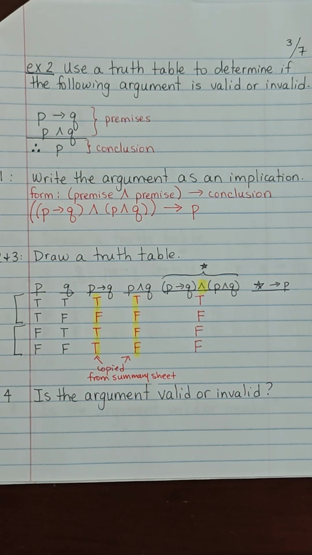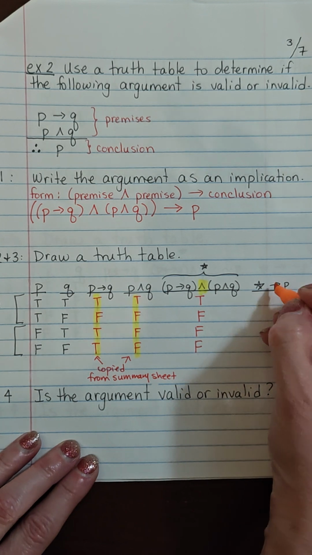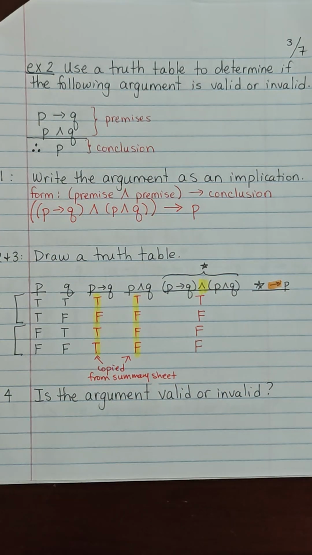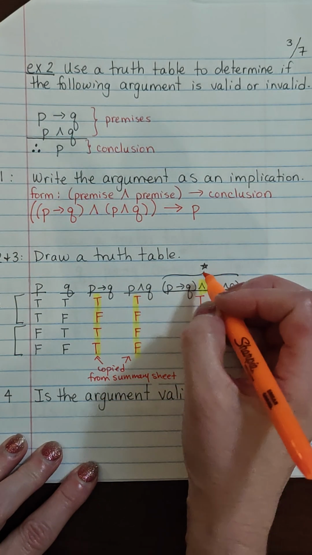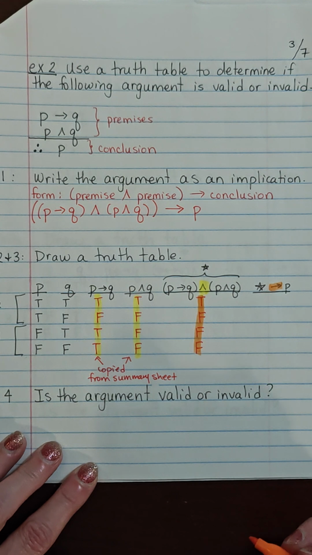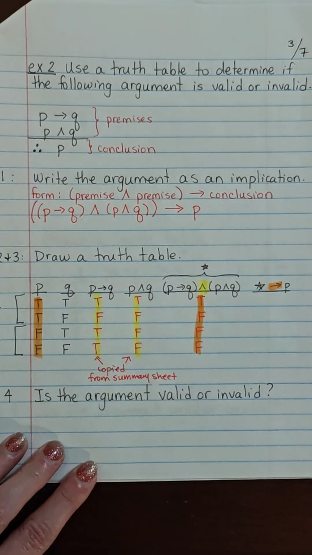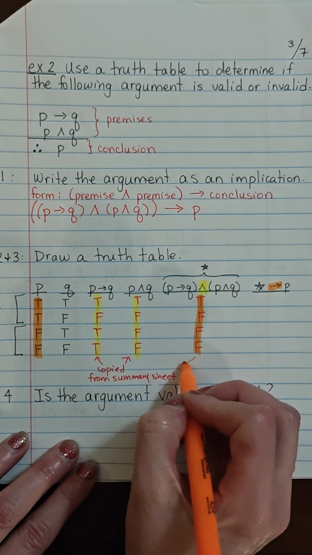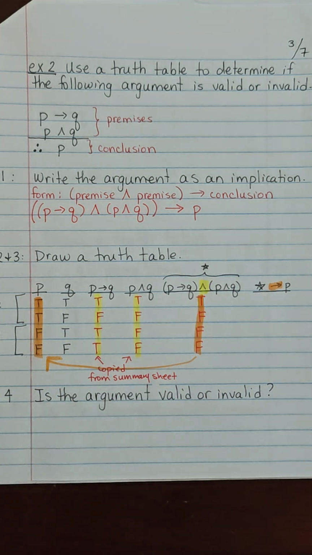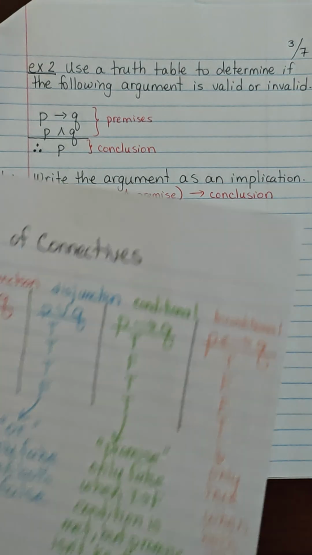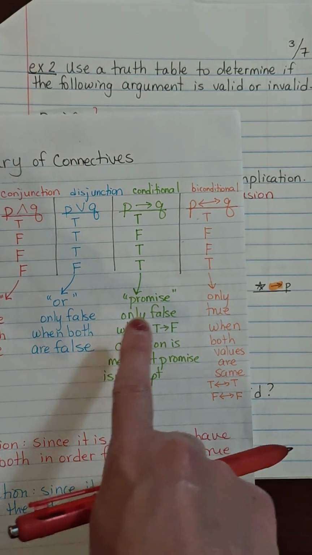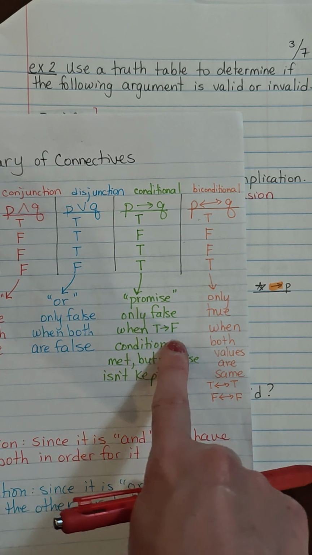All right. And then last up, this is a conditional. There's my one operation. And where is it going from and to? It is going from star, that's this column, to column P. Remember, it's directional, so I need to make sure and draw that just so I know what direction I'm headed. This is my promise. It is only false when it goes from true to false.